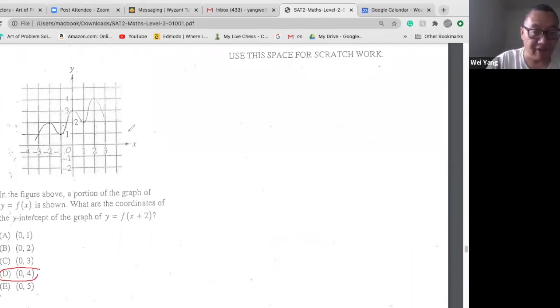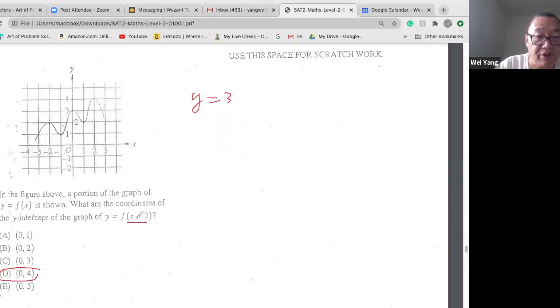Okay, this is f(x). So when x plus 2, they ask you what the y-intercept is. In this function, the y coordinate equals 3, right?